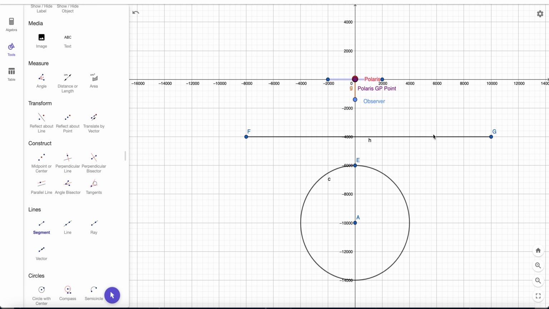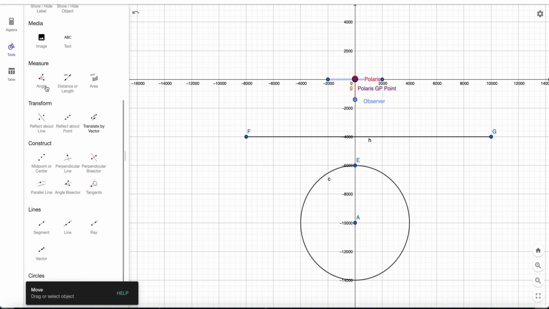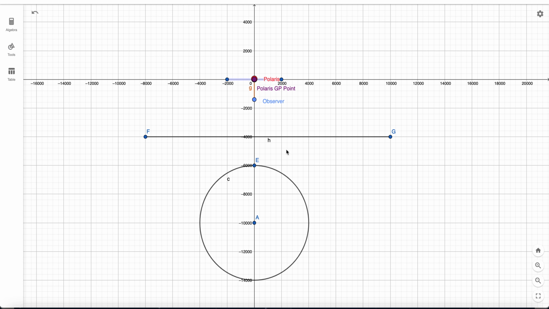Now, this line here, I just change its color to green, just to make it a bit more viewable.